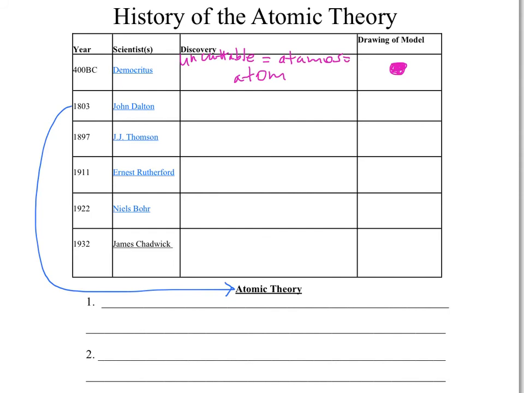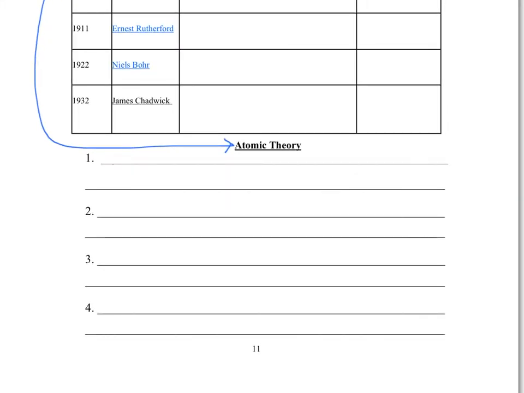So his atomic theory, the 4 postulates are: all matter is made of atoms, and atoms are indivisible. So far he's the same as Democritus.